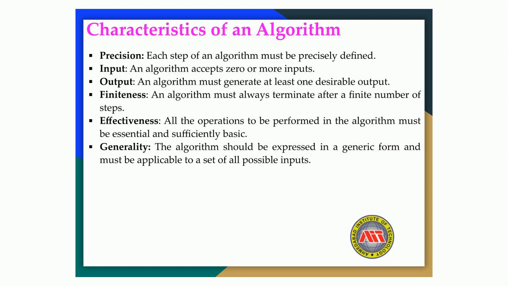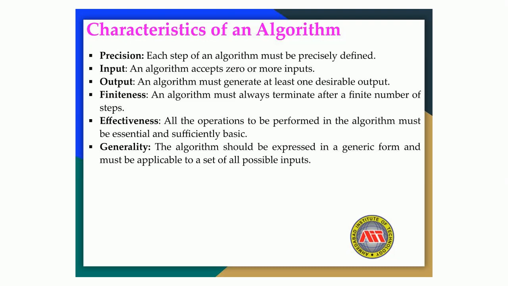Similarly, for solving the same problem, we can write several different algorithms. For example, for searching a number from a given list, we can use sequential search or binary search. Here, searching is a task, and the use of either sequential search or binary search is an algorithm.